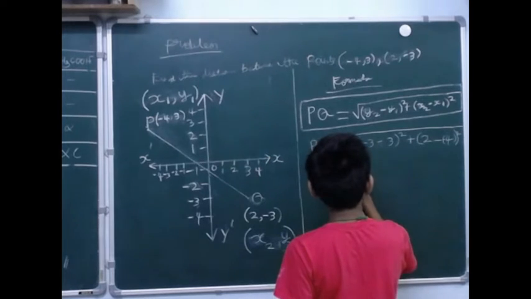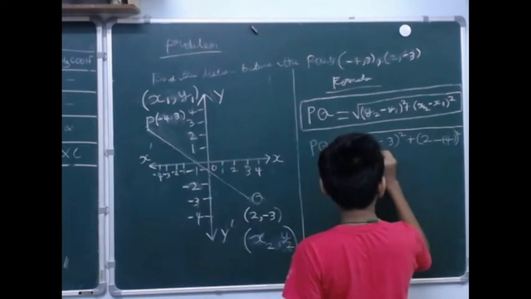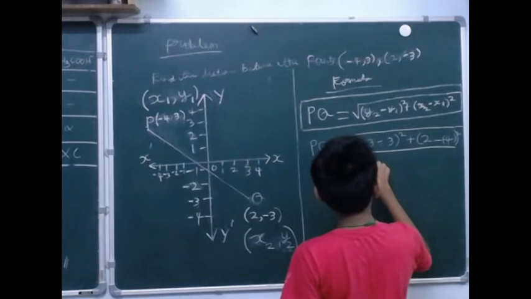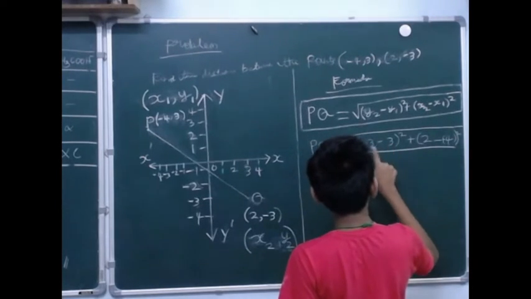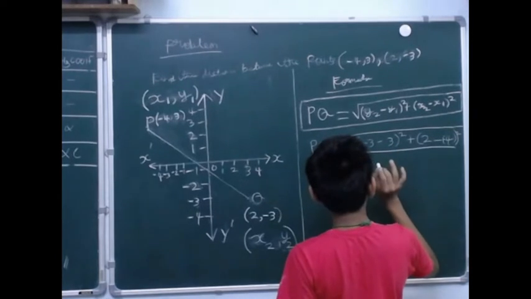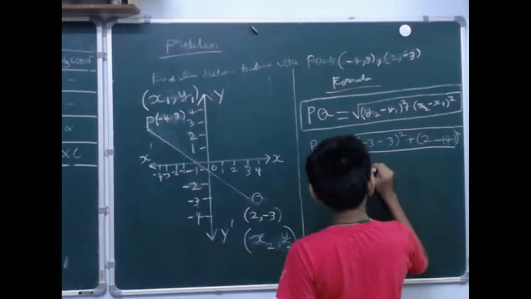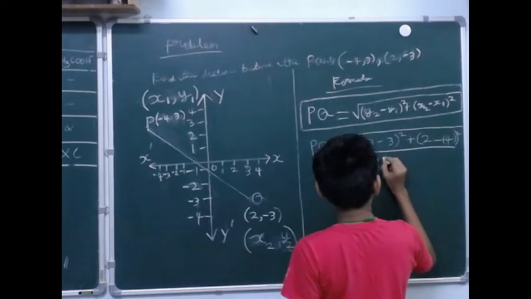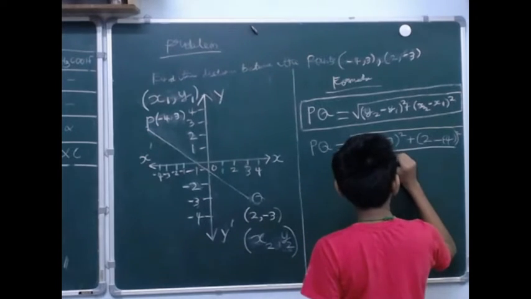Is equal to, again put a root. Minus 3 minus 3 is minus 6, whole square.